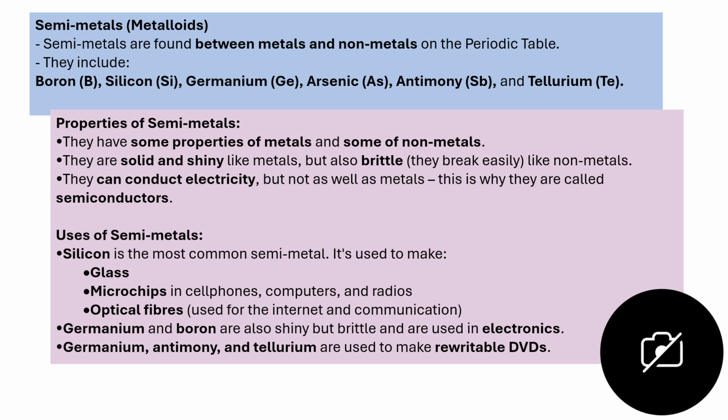Now the uses of semi-metals, like for example silicon, is the most common semi-metal, and it makes up glass and microchips. Microchips are used in computers and cell phones and radios. Then you get optic fibers, and that is used for the internet and wireless communication.